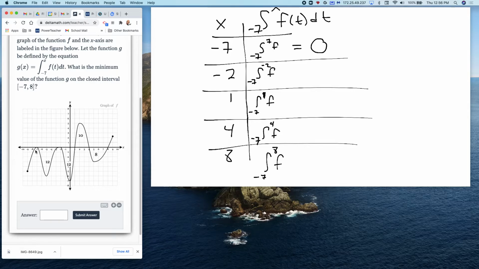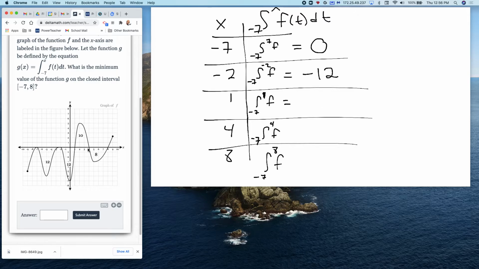If we start at -7 and we go to -2, we have -12 because it's below the x-axis and so on. If we go with the next one, notice now we got -12, we got another -12, which is -24. Now we get to add. So let me back up to that.